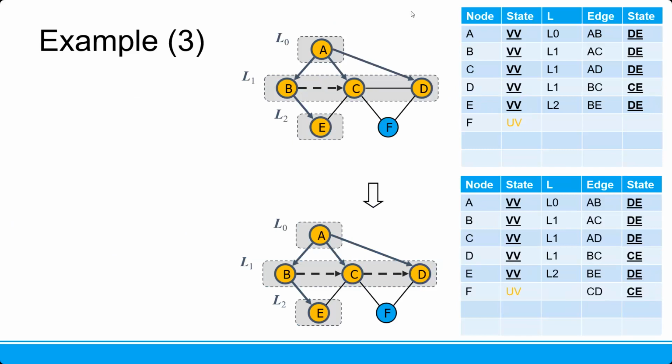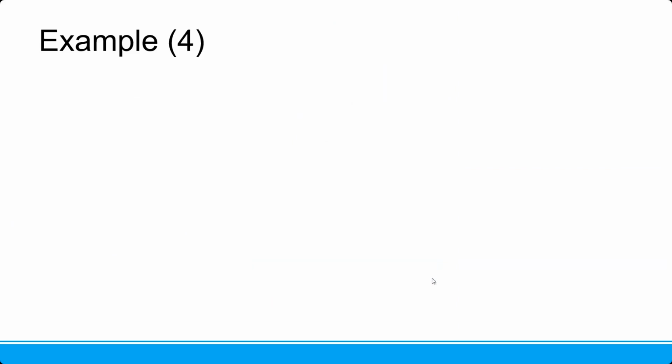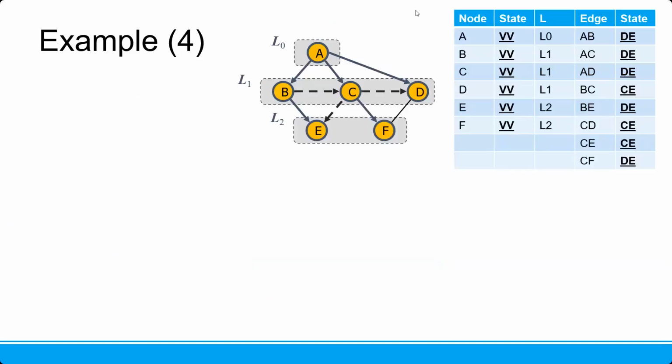Next, we check another incident edge of C. If we go to E, E has been visited. Because E has been visited, it will also be cross.